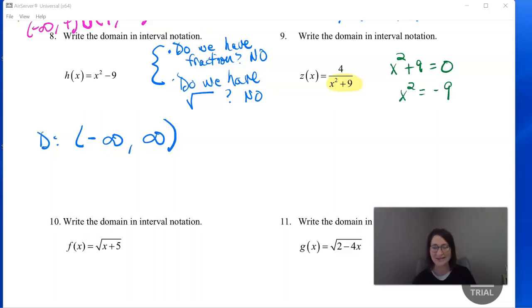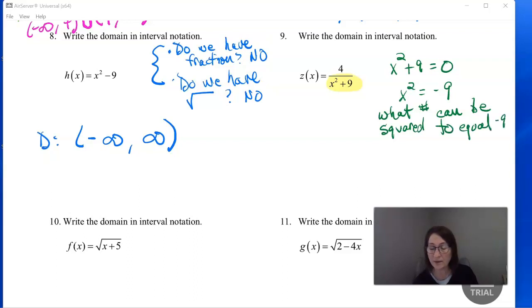So I ask myself, what number can be squared to equal negative 9? If you're a little puzzled by that question, that's fair. The answer is there isn't one.